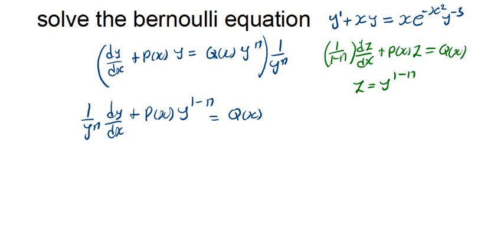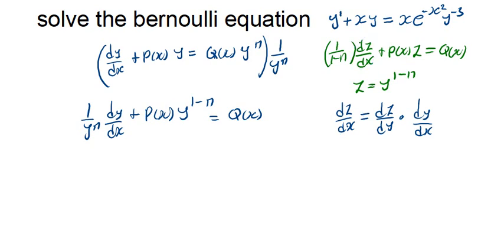What you're going to get is that dz dx will be equal to dz dy multiplied by dy dx.